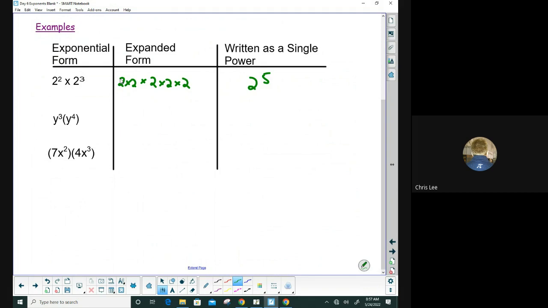This works for all bases, provided the bases are the same. It doesn't matter if the base is a number or a letter. So in this case, this is y to the power of 3. So that means y times y times y. Remember, y cubed means y times y times y. What does y to the power of 4 mean? Very nice.